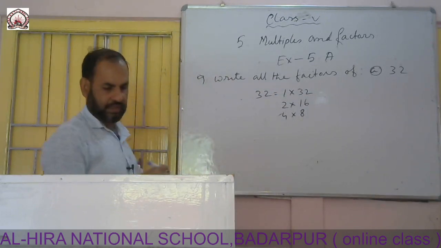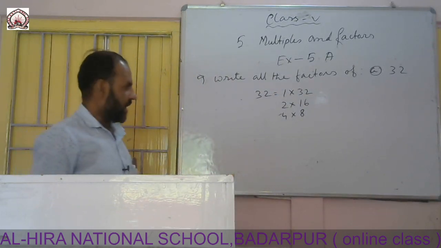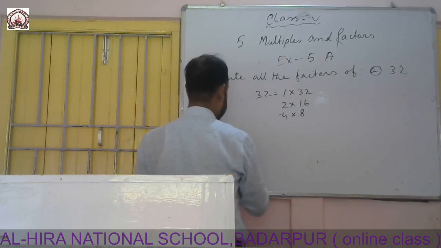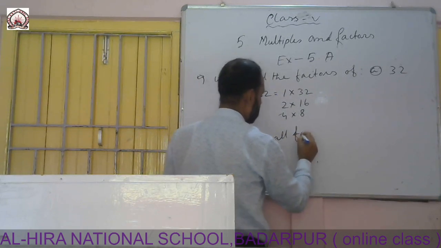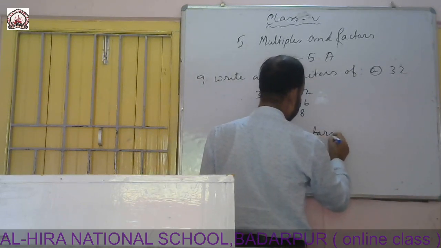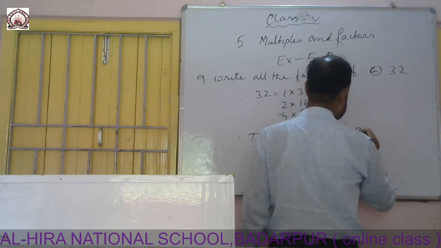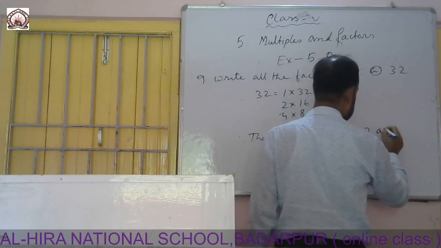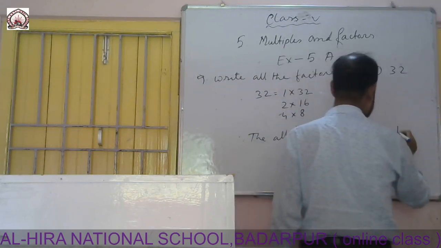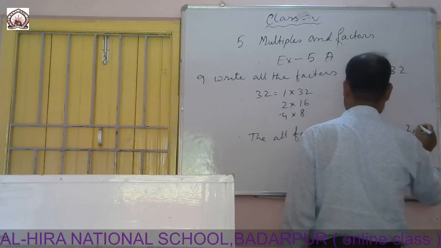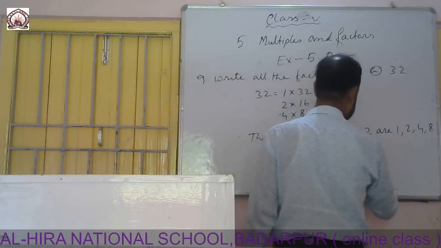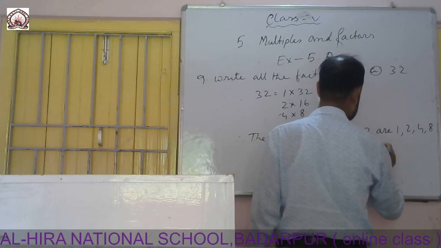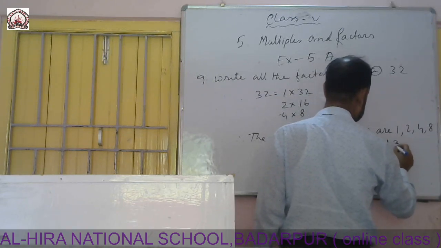Therefore all the factors of 32 are 1, 2, 4, 8, 16 and 32.